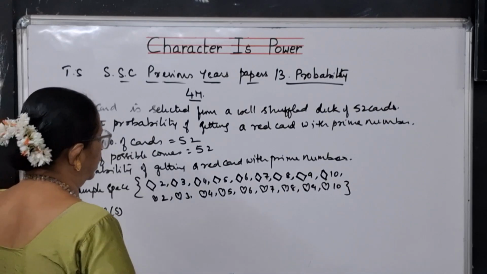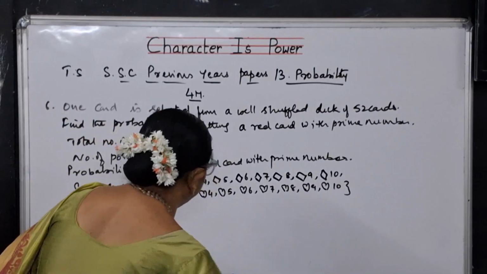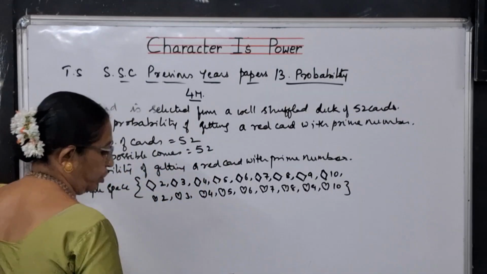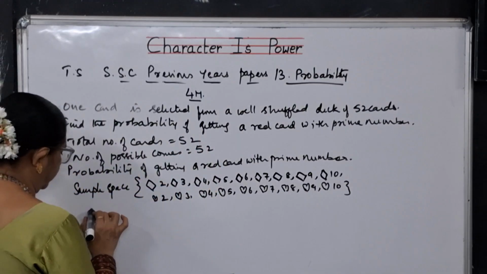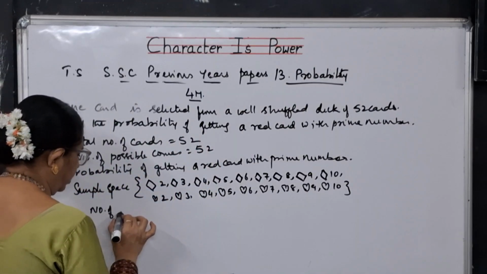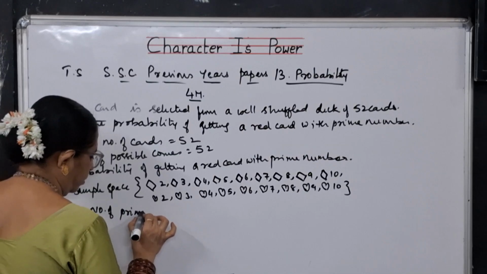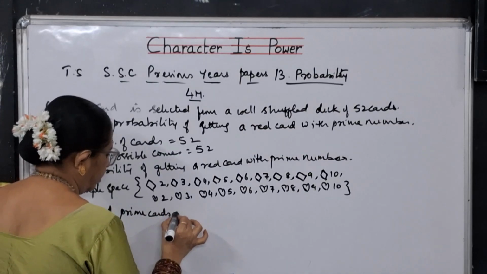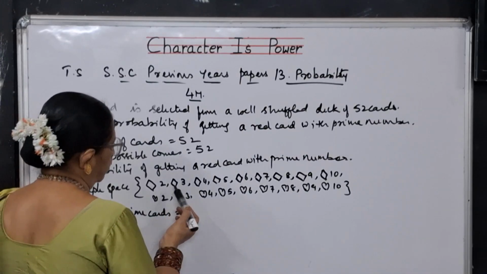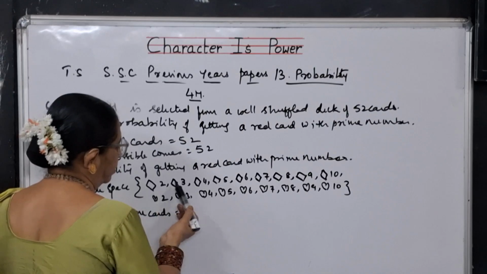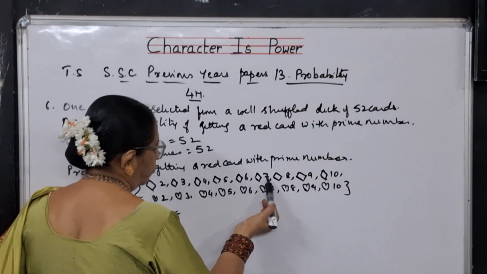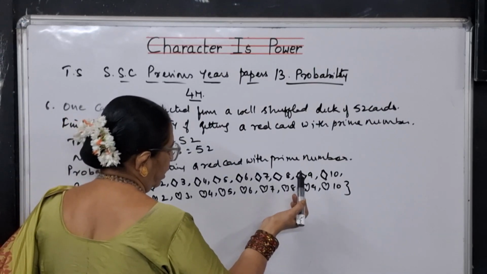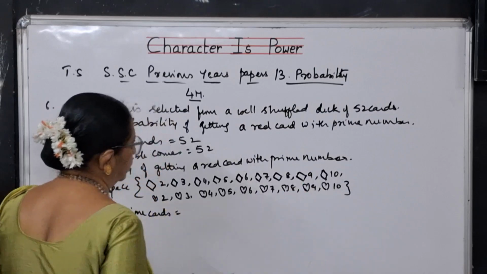Out of this, what are they having? Prime numbers they are having. So number of prime cards. How many are you getting? Prime numbers 2, 3, 5, 7, that is 4. We have only 4.